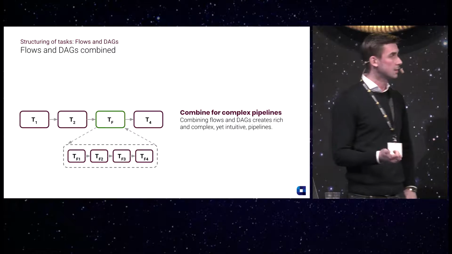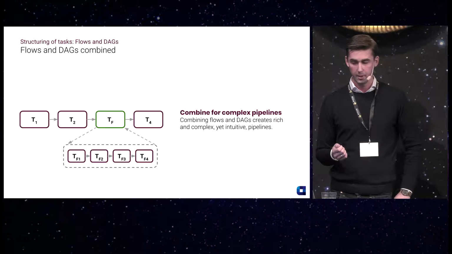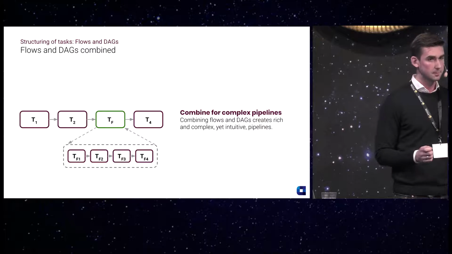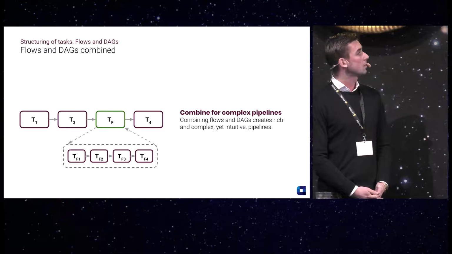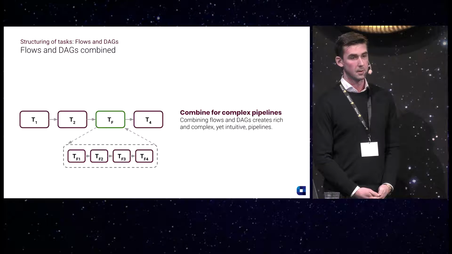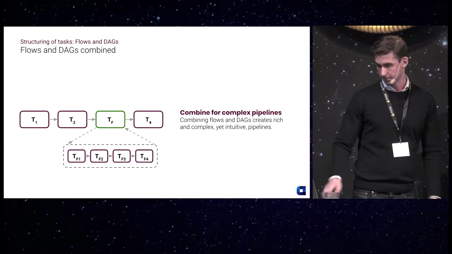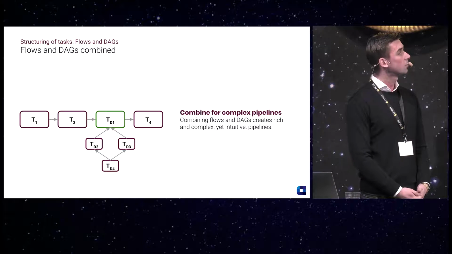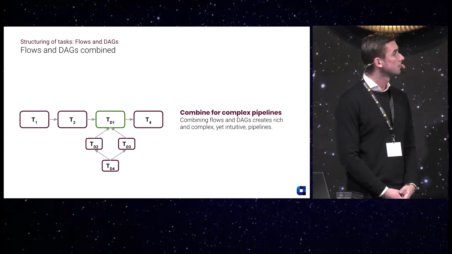And what's good about this is that you can combine these concepts to create very rich and complex but still intuitive pipelines. So in this example, we have two flows. T1 to T4 is a flow, but TF itself is a flow. And here, TD1 is a directed acyclic graph.